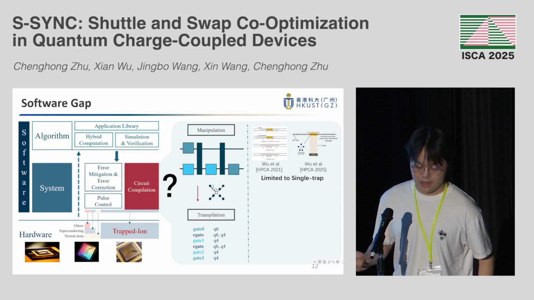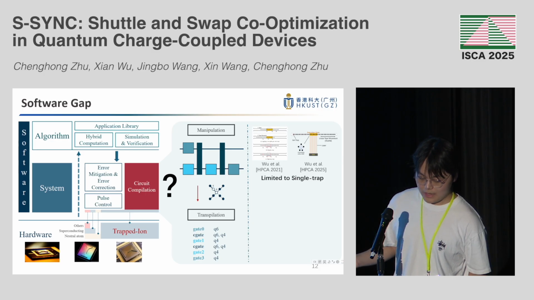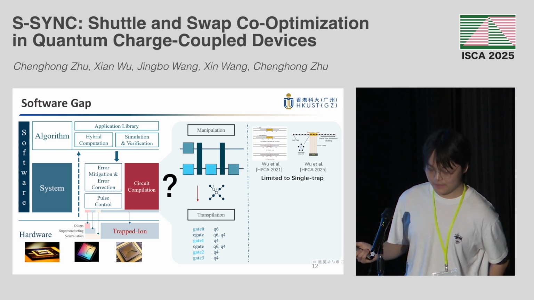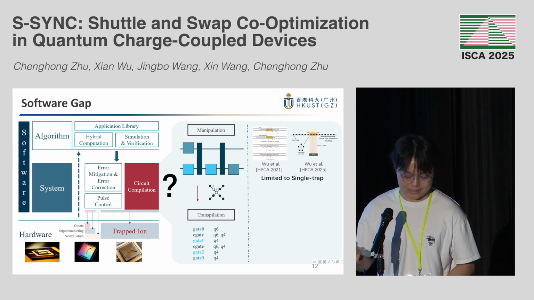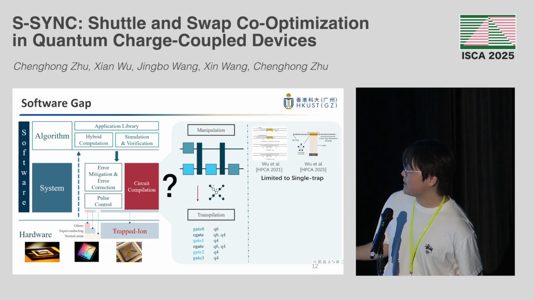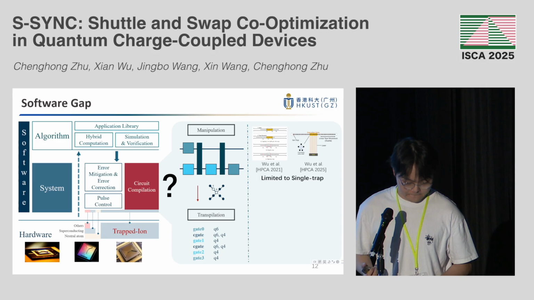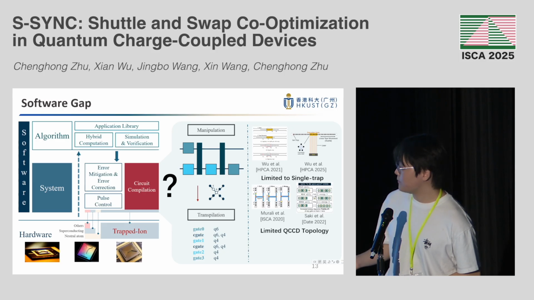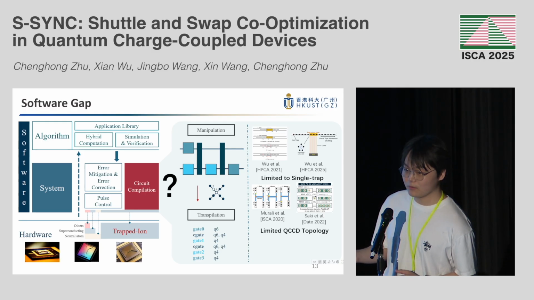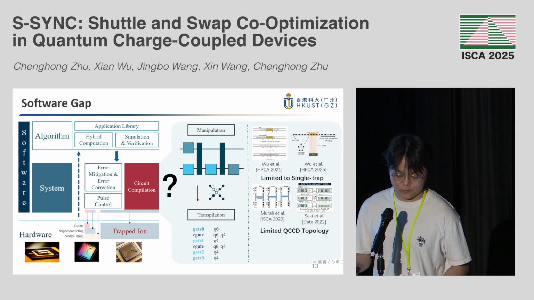For example, Wu and Wu in HPCA 2021 and HPCA 2025 proposed a compiler design for the single trap device, which cannot directly apply to QCCD. Also, previous work by Murali and Saki only focused on limited QCCD topologies.